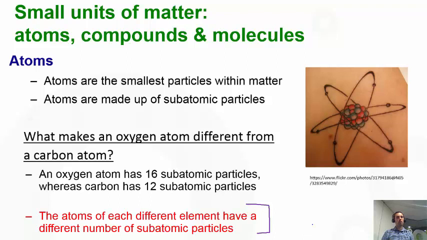So this is what the scientists used originally to designate what each element actually is. It was finding new atoms with different numbers of subatomic particles, because based on these subatomic particles, this is actually going to dictate how the atom behaves, which we'll learn a little bit more about in later sessions. But essentially, what I want you to take away from this slide is that every element's atom is different because of its unique number of subatomic particles.